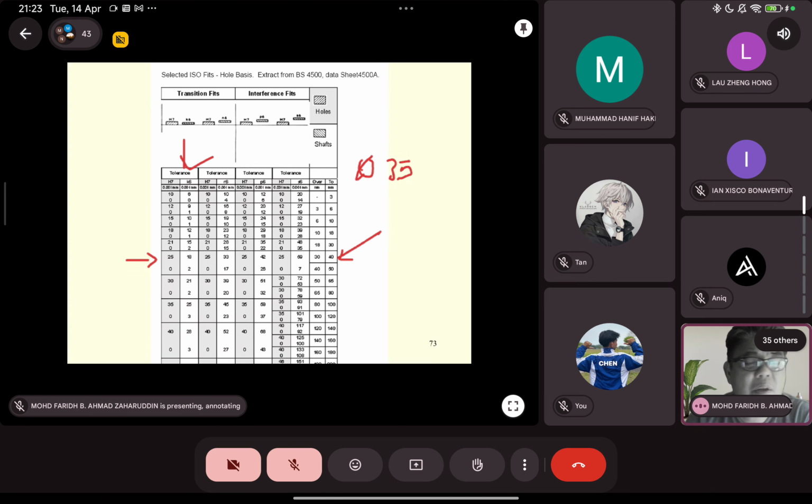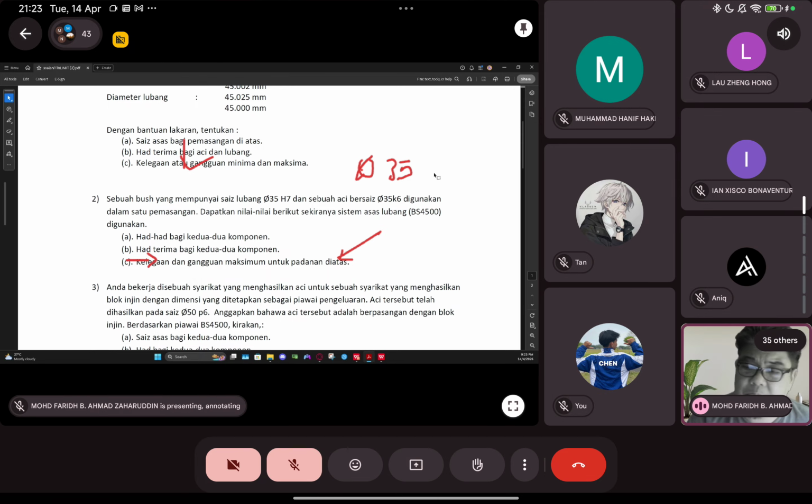This one. Now guys, please answer the question. 5 minutes. Go back to the question. Can you see the question? Okay, please try to get the answer.